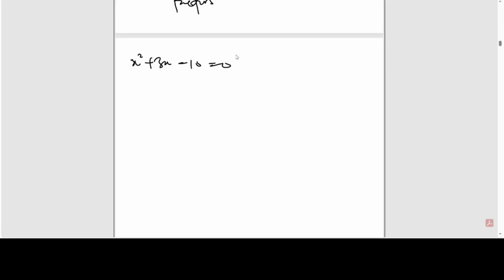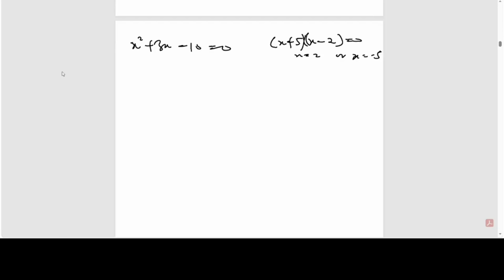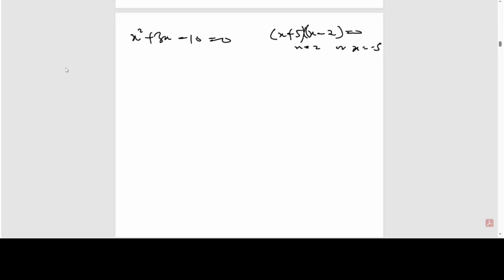And then our solution to this, after going through the process, was x plus 5 and then x minus 2 equal to 0, and then we found x equal to 2 or x equal to negative 5. That was it. Then one of the simplest ways to go about this is this, and this method works only when a is equal to 1. So whenever the coefficient of x squared is 1, you can go by this simpler method.